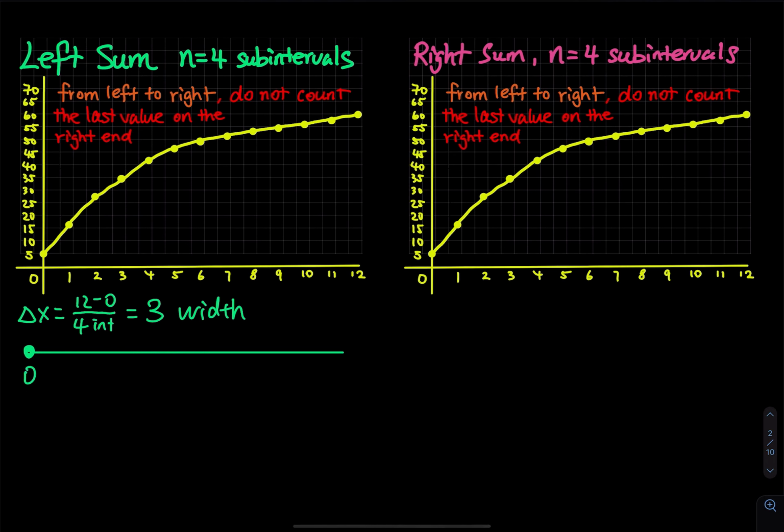So we have 0 plus 3, 3 plus 3, 6 plus 3, and then 9 plus 3, and then 12, let's use a dot, so that is the end of the interval. So now we have 4 intervals, right? You can count, that is 1, 2, 3, and 4. So we have 4 subintervals, and then we move on to the graph from left to right.